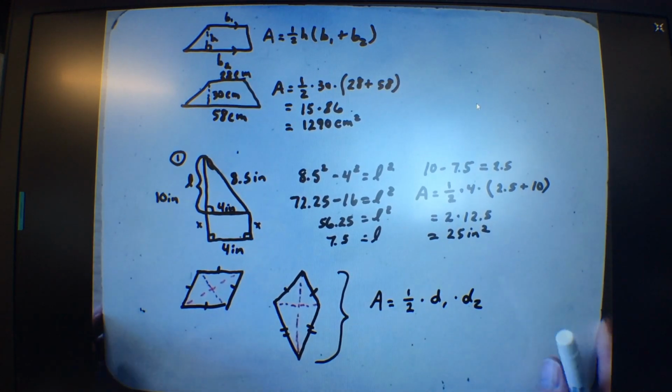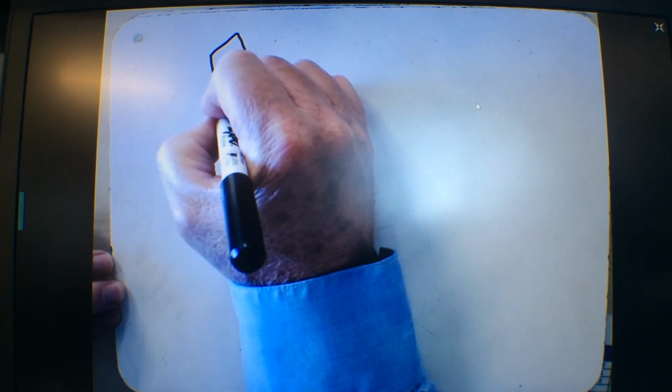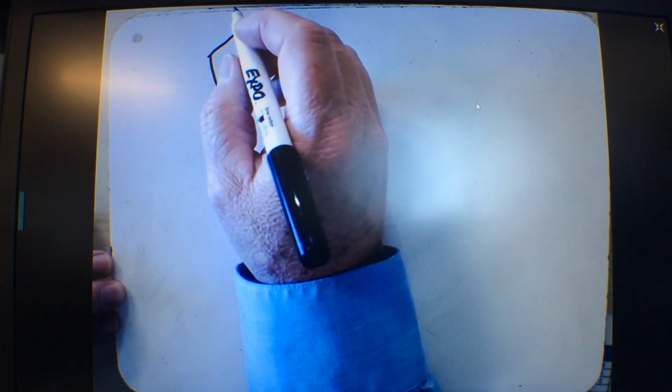All right, so now that we know that, we can find the area by multiplying the diagonals. So let's say that we have a rhombus. Oops, it looks like a kite, doesn't it? But it's a rhombus.